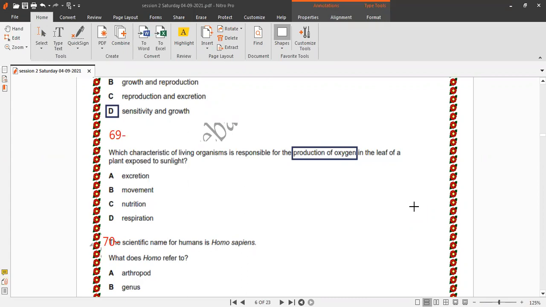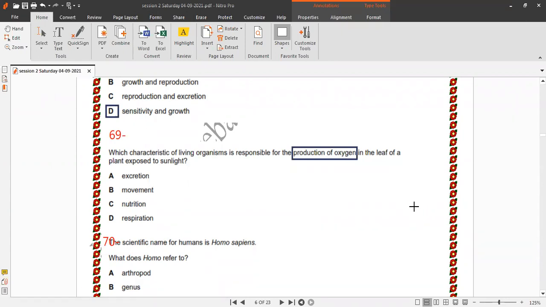So which one is responsible for production of oxygen? Movement, no. Respiration, no. Because respiration is a chemical reaction, and aerobic respiration uses oxygen and glucose and releases carbon dioxide. So no movement, so no respiration. What about excretion and nutrition?